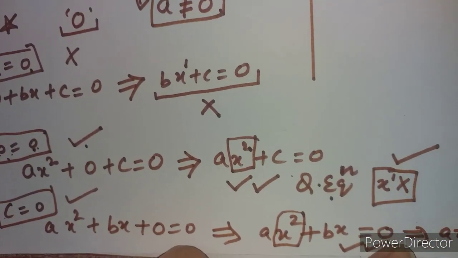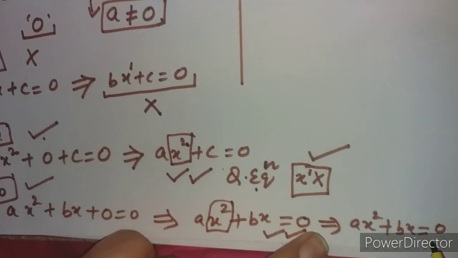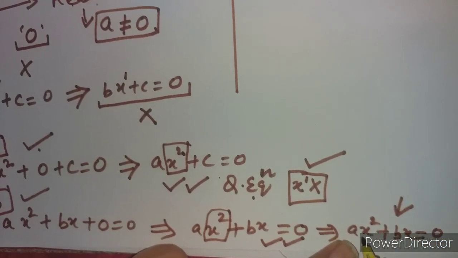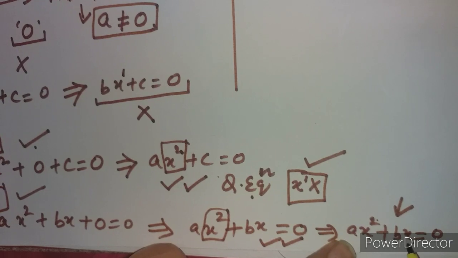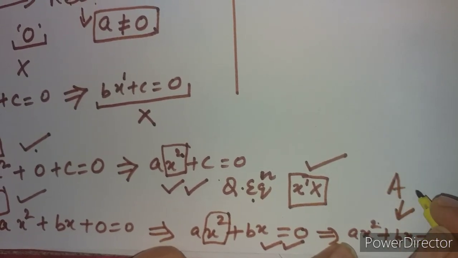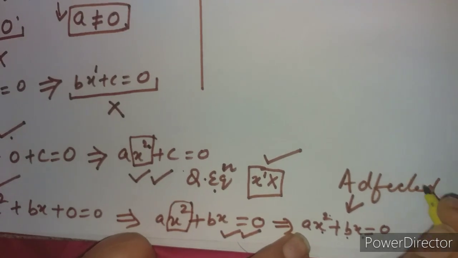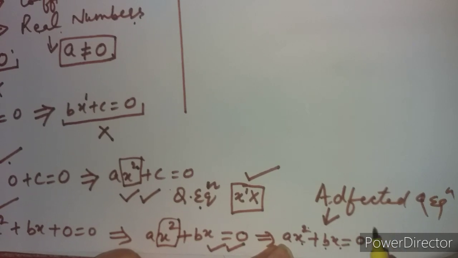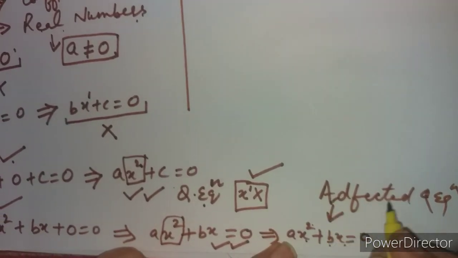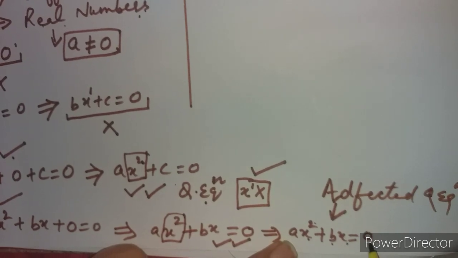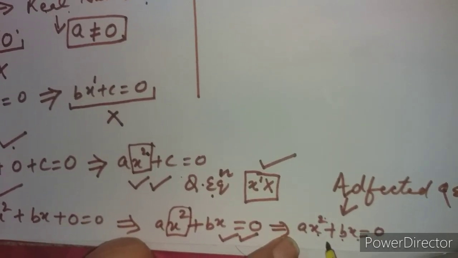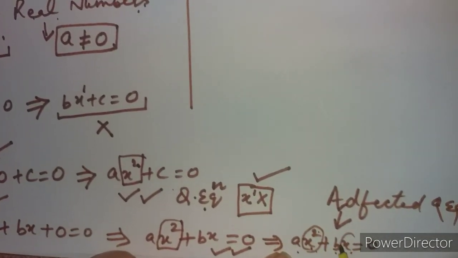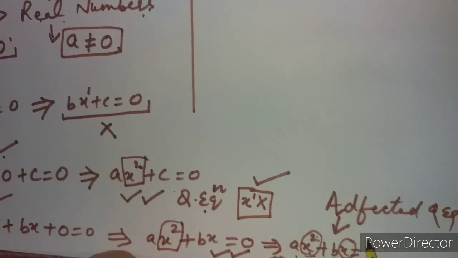I am writing again, ax square plus bx only equal to 0, and such a special type of equations in which one term is with power 2 and another term is with power 1, such are called adfected quadratic equations. Adfected in maths especially means an equation in which there are different powers of the variable, terms with different powers. Like here we have got power 2 of the variable, here we have got power 1. Such an equation is called an adfected quadratic equation.